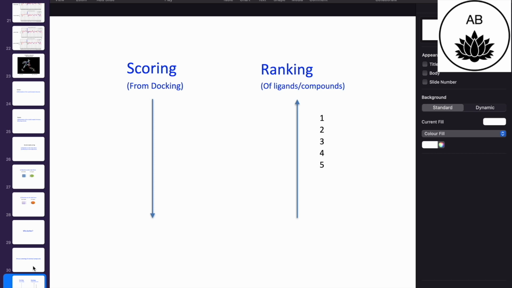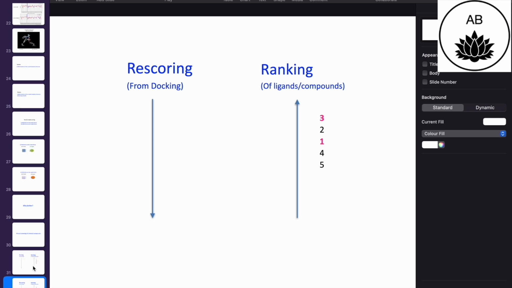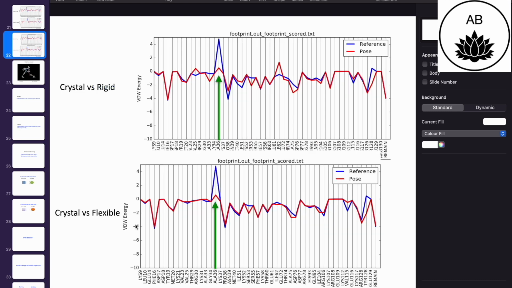Now, if the scoring is not correct, then you can well imagine that your ranking won't be correct. You won't be looking at the compounds you're supposed to look at. If you rescore, then the order of the compounds may become like this. Okay, so scoring is important, and for that, correct balancing of forces is also important.